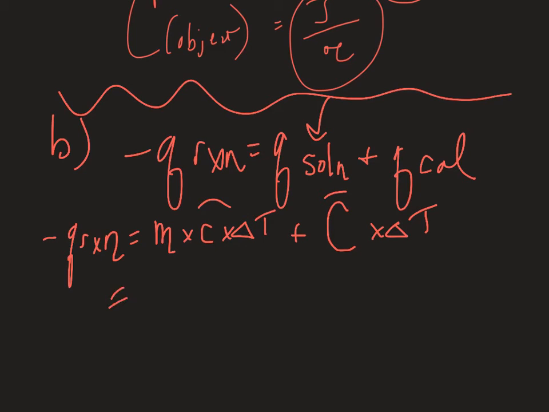So, how do we determine the mass of our solution? Well, we do have the density of our zinc solution, 1.015 grams per mL, times 100 mL.